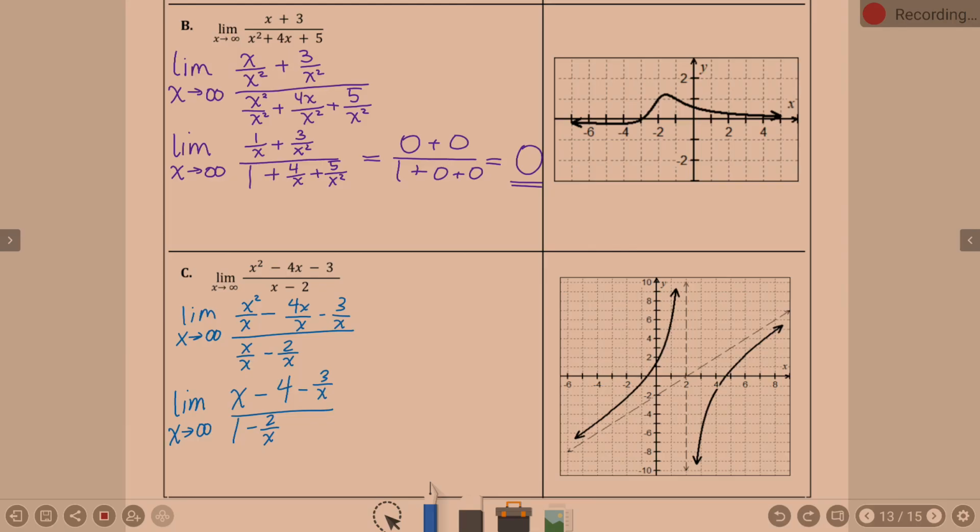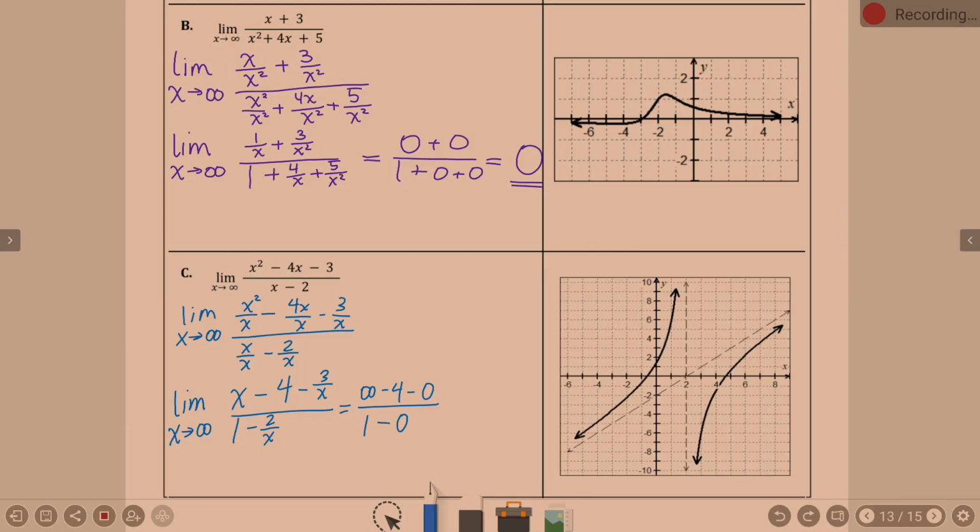Okay. So if you're plugging infinity in, we've got infinity minus 4. 3 over infinity is going to be a 0. 1 minus 2 over infinity is going to be a 0. Okay, so infinity minus 4.